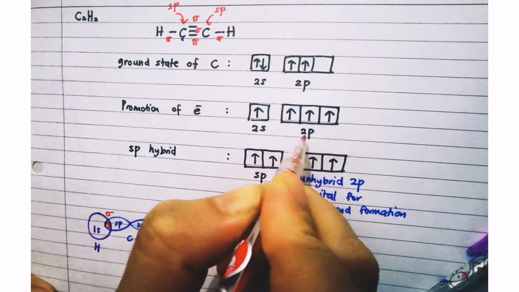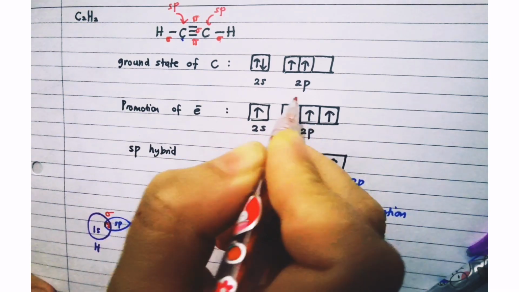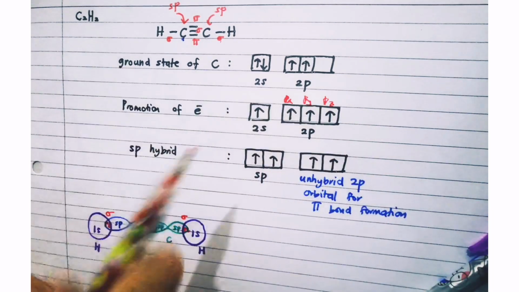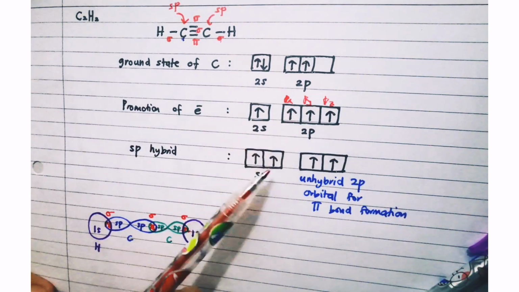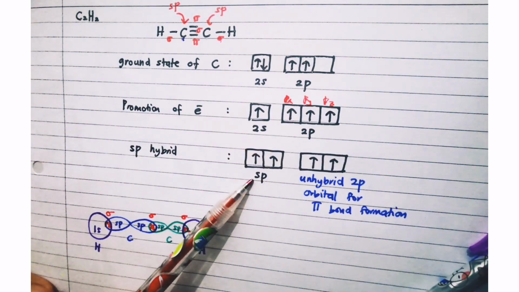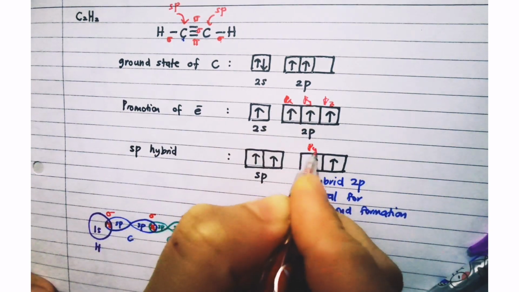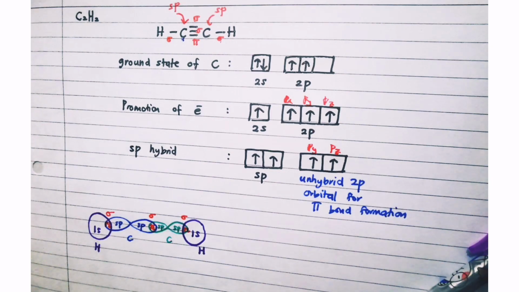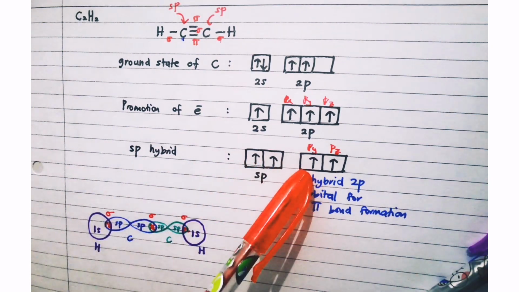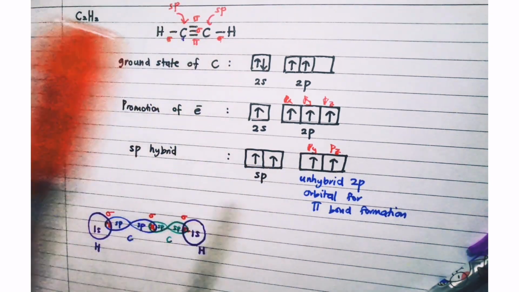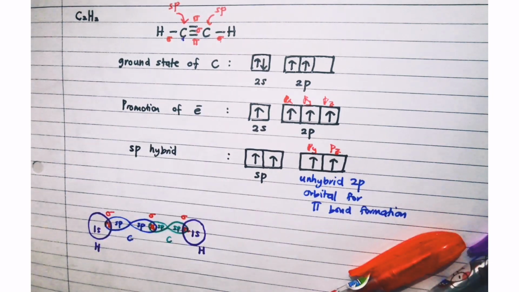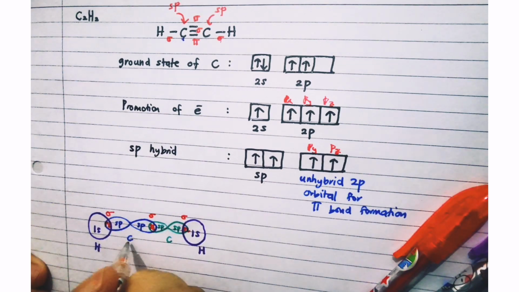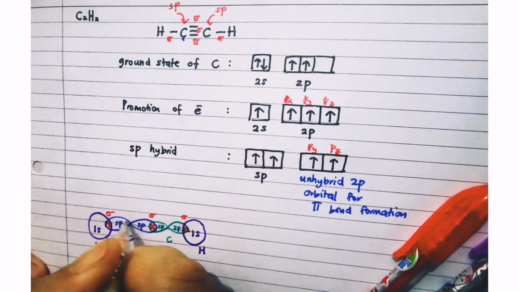Okay, you know that for 2p we have px, py, pz. Let's say we already used px to make the hybridization here. So left over are py and pz, 2 different orientations. We will use the first orientation for the formation of the first pi bond. So I will use the orange one to show the first pi bond between this carbon and this carbon. So this is py.